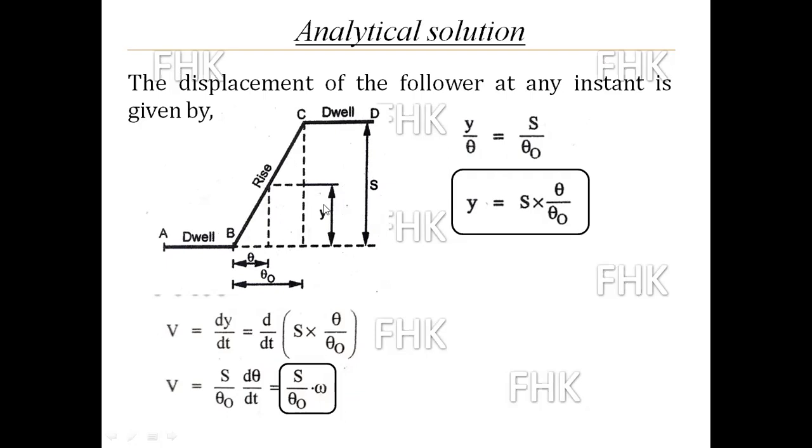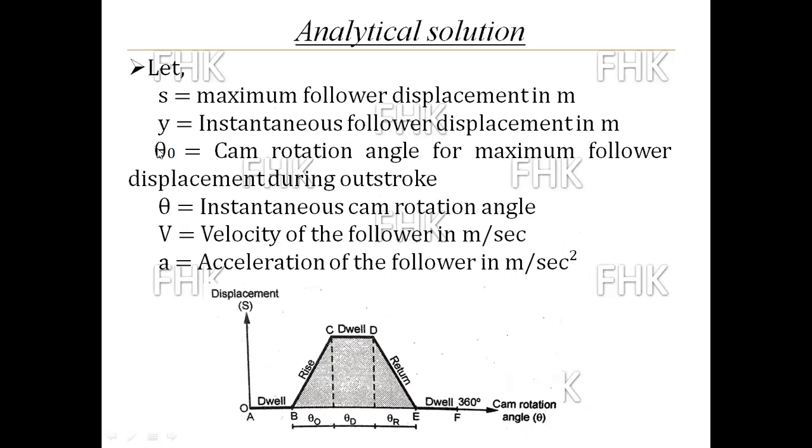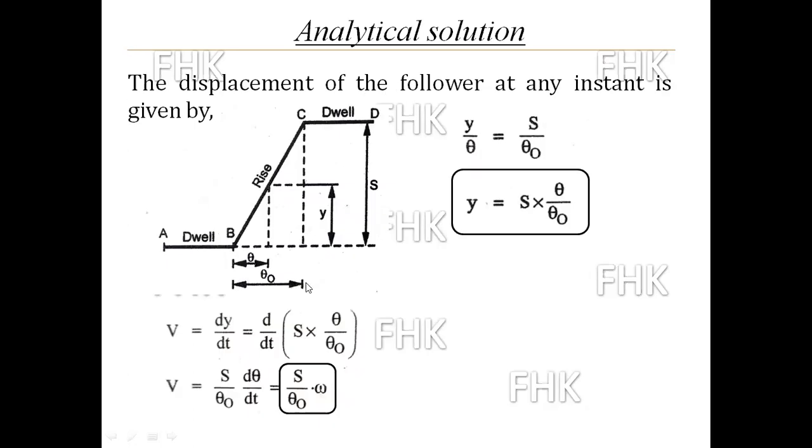So y is the displacement at a particular location, and theta O is the outward stroke for complete displacement. Theta O is the outward stroke when the full displacement of the follower is there, when S is fully in the raised condition.